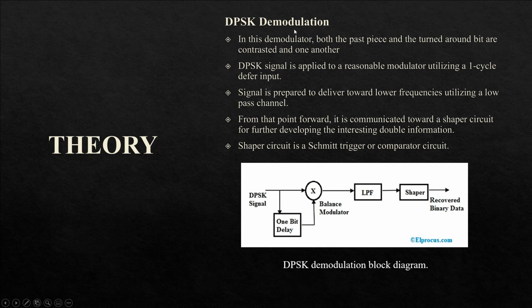Now we move to the DPSK demodulation. In this demodulator, both the passed bit and the reversed bit are compared with one another. The DPSK signal is applied to the balanced modulator using a one bit delayed input. The signal is then brought down to lower frequencies using a low pass filter. After that, it is sent to a sharper circuit for recovering the original binary information. The sharper circuit is a Schmitt trigger or comparator circuit.